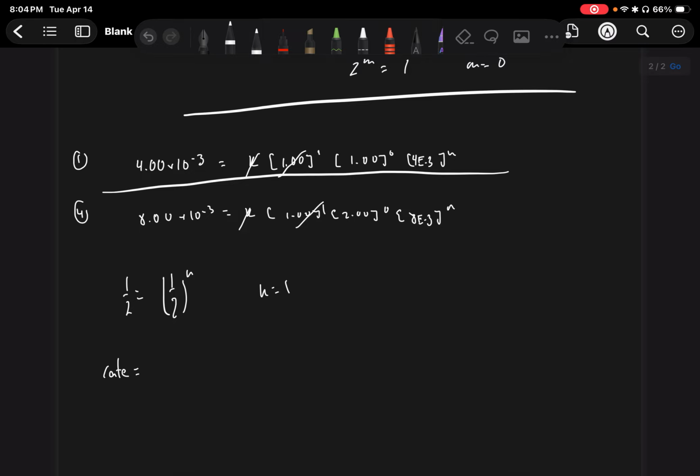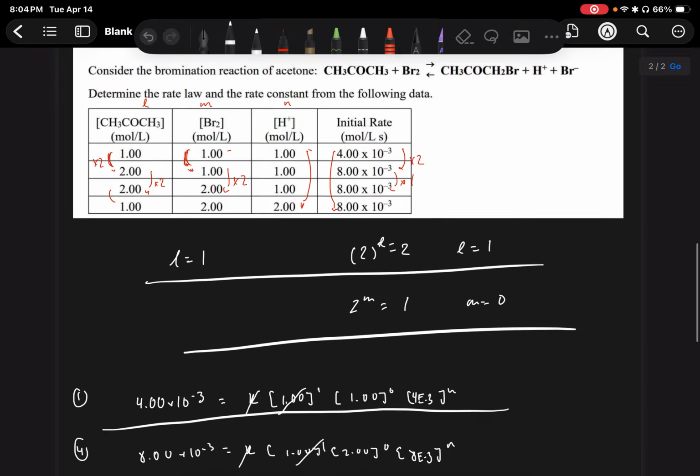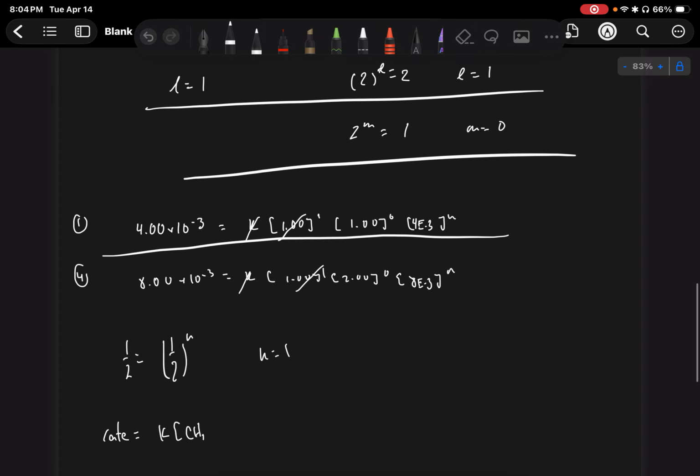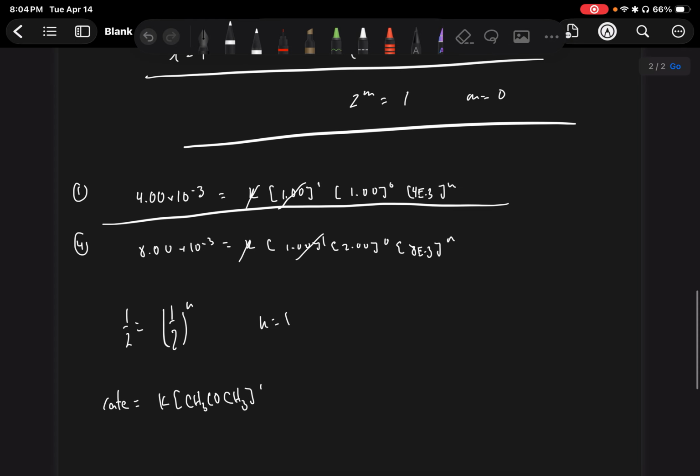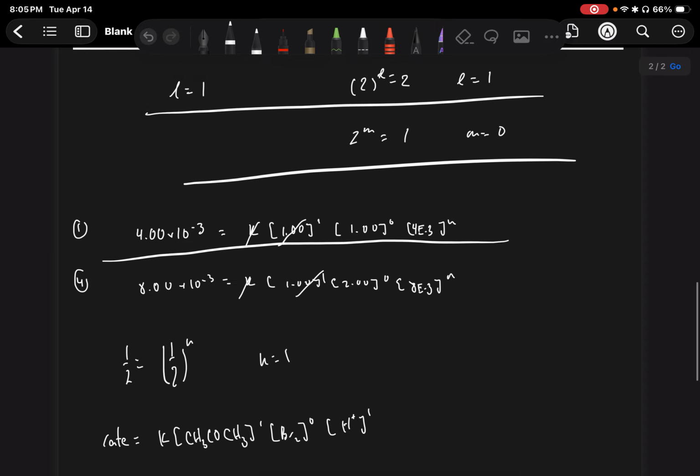Rate equals K, CH3CO, I need to sleep, CH3, power of 1 times BR2 to the power of 0 H plus to the power of 1. Is that right? Yes. Guess we could just cancel out BR2 and not write it, but I don't know.